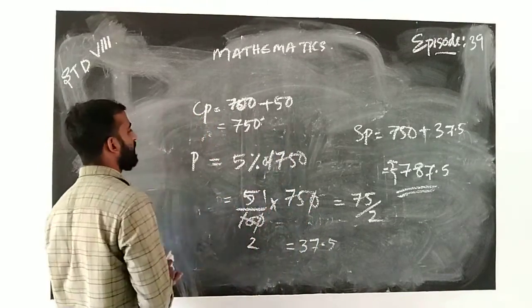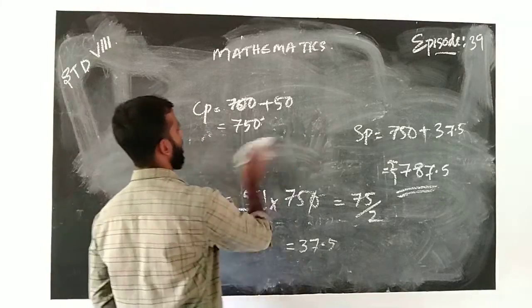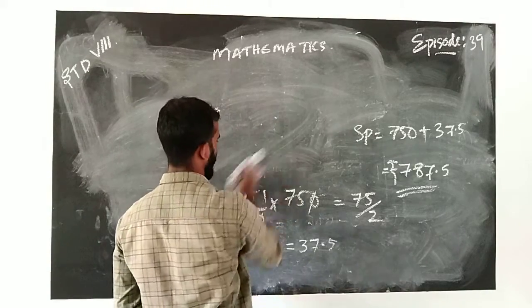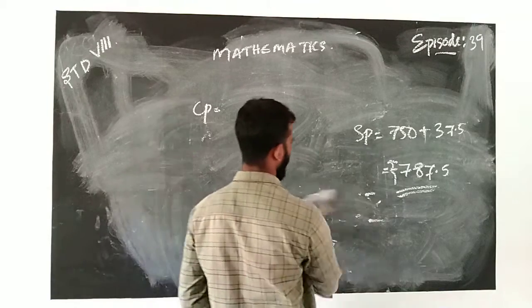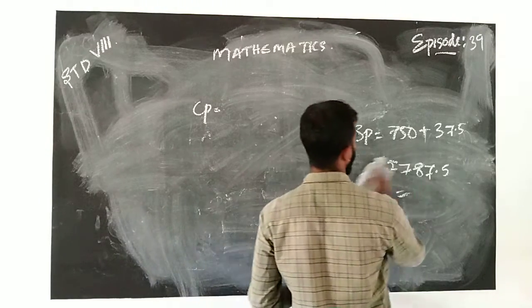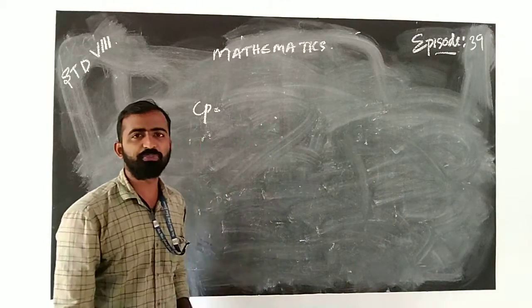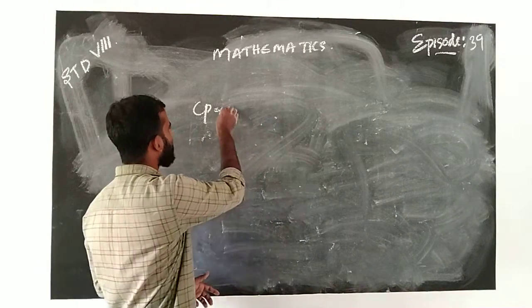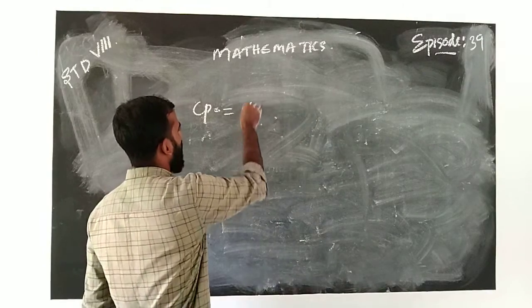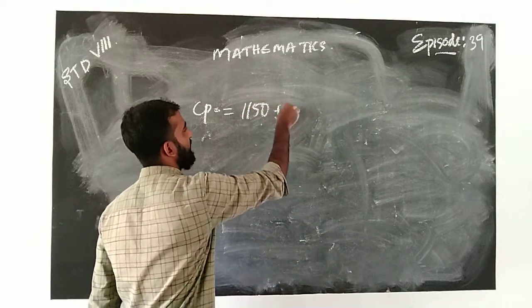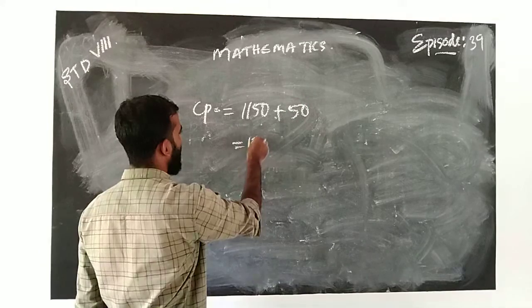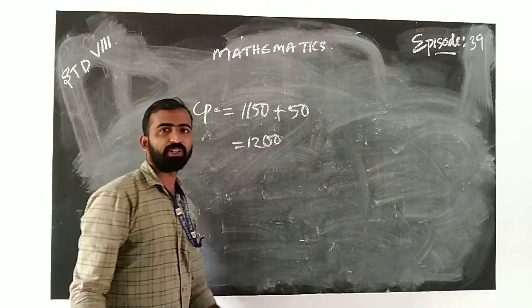First we find the cost price. Cost price equals 1,150 plus 50, that is 1,200.